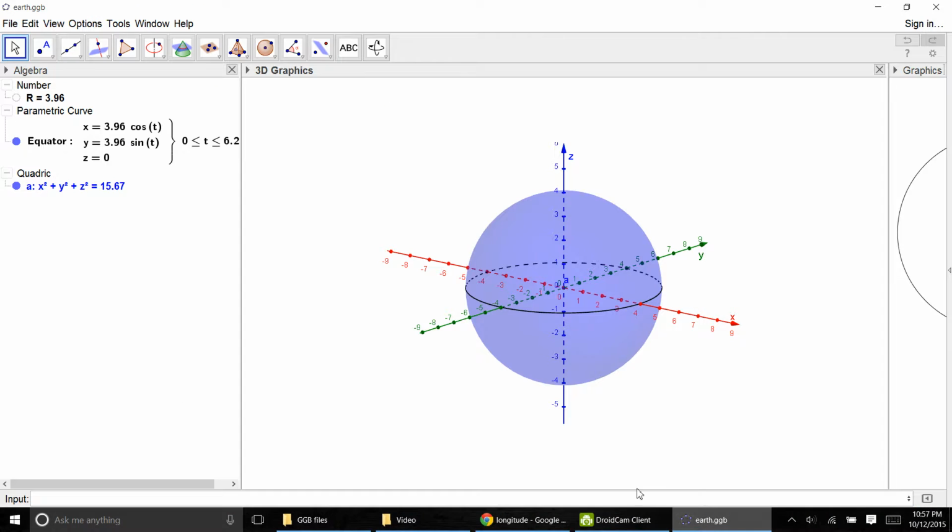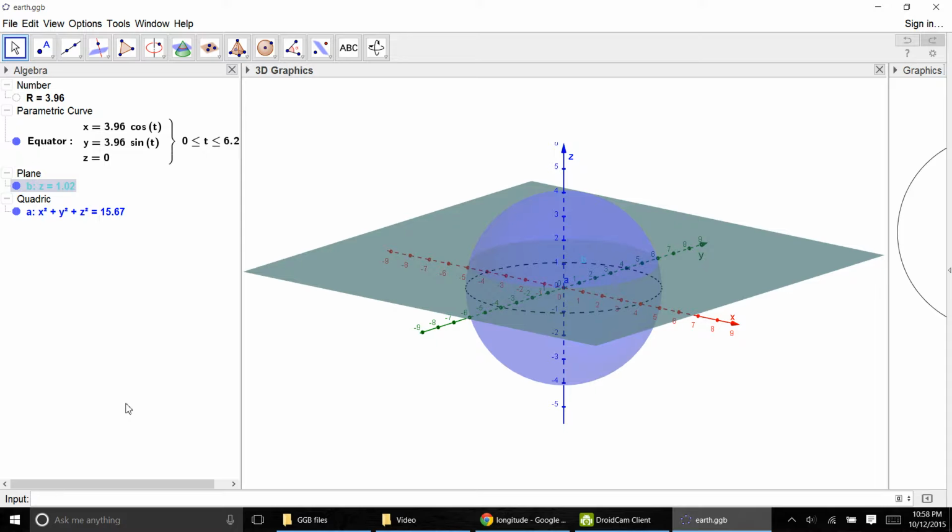So the plane that I want is z equals big R times the sine, but it has to be in radians, so I'm doing 15 and then pi over 180, which is the way you convert to radians. Okay.